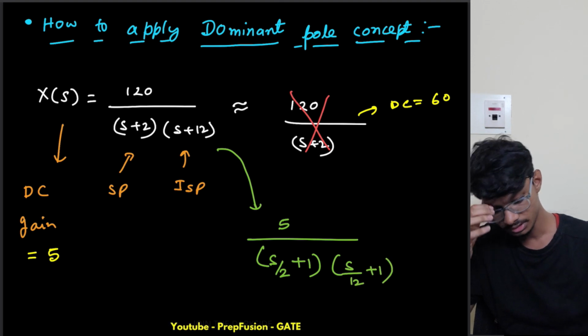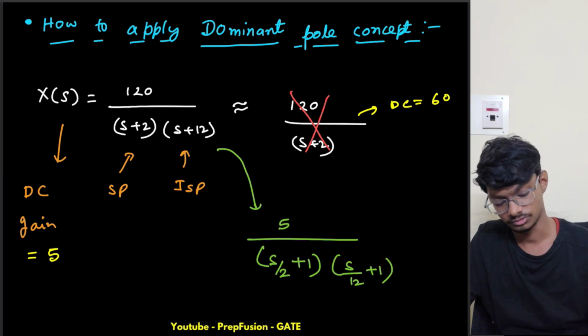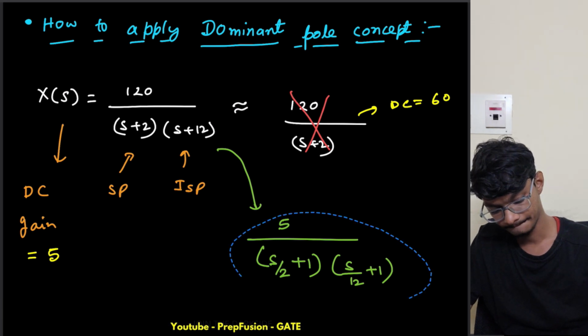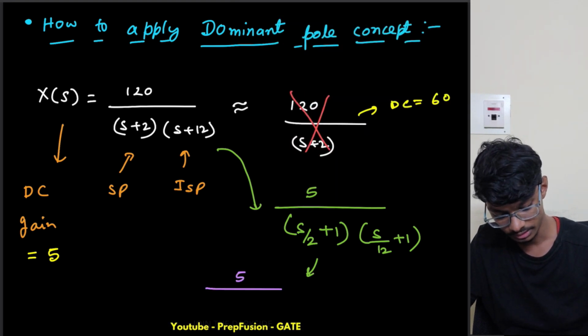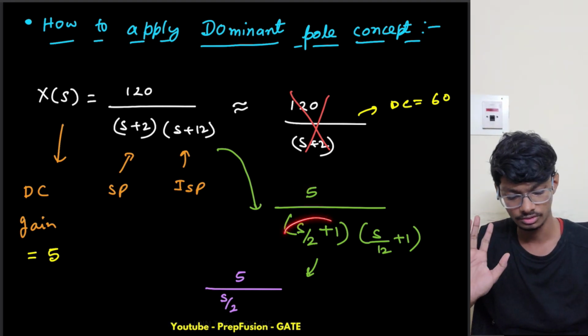Now what I do is ignore this one, right? Now I can simply write, okay, let me take a different color. This will remain 5 only. Now this is the DC gain only, this won't change, okay, and this also won't change.